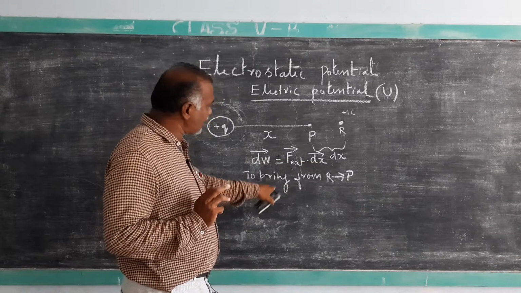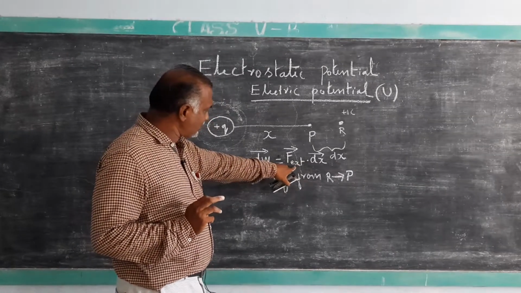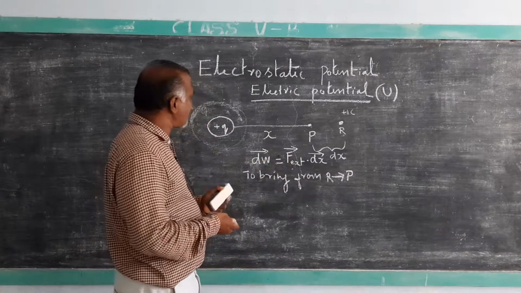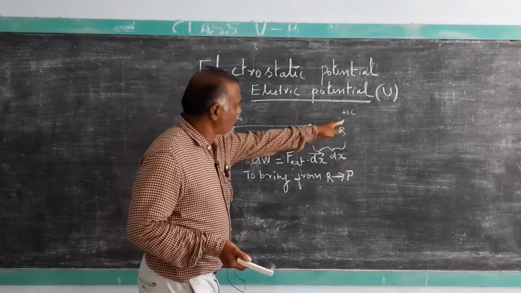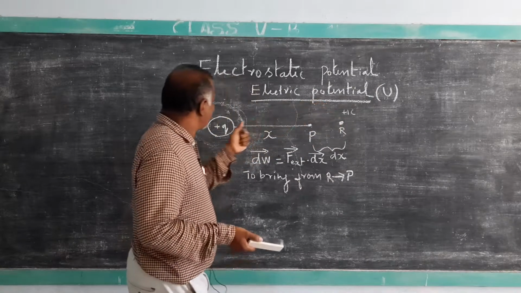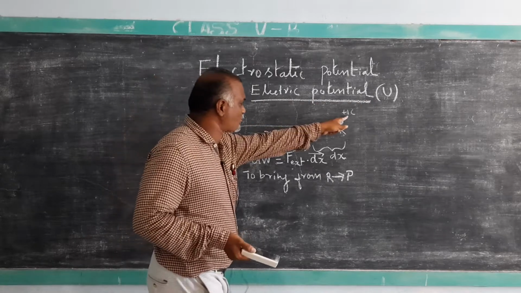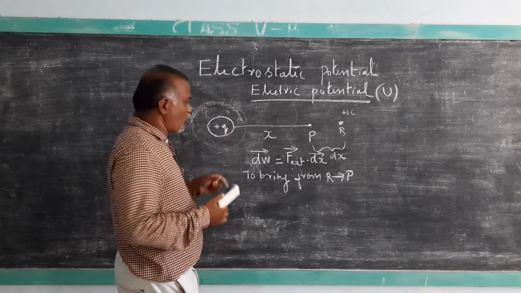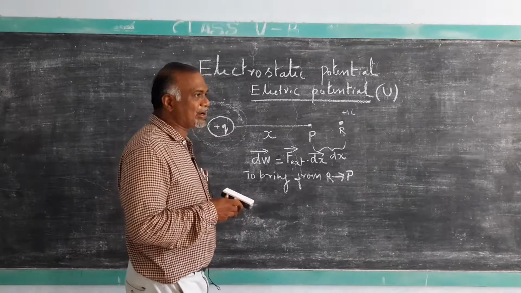But the real understanding is that internally there is a force of repulsion between this unit positive charge, for a small distance dx, and plus q. There is a force of repulsion between plus 1 and plus q. So that is Coulomb's law of electrical repulsion.